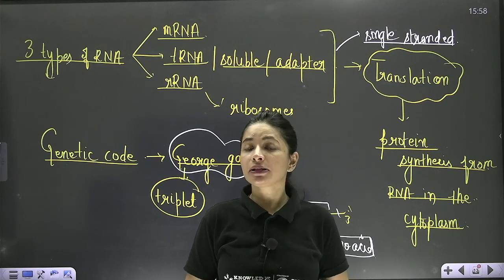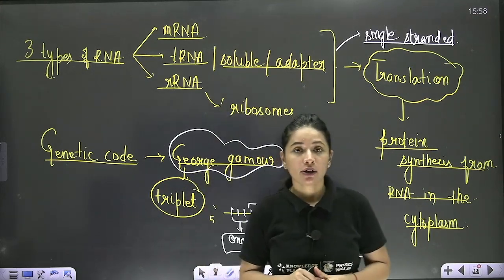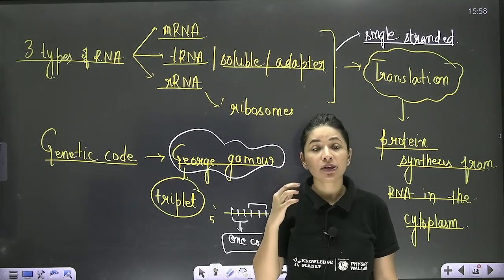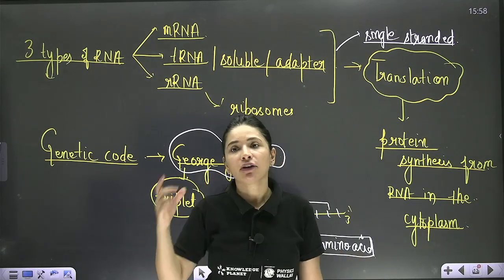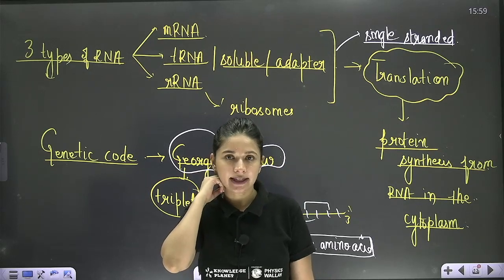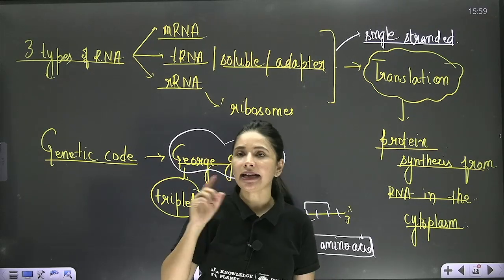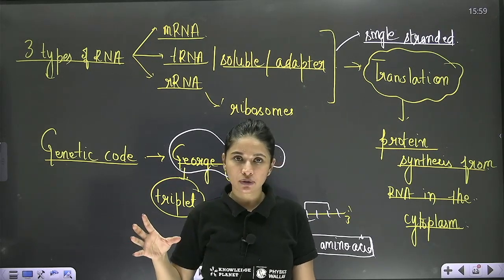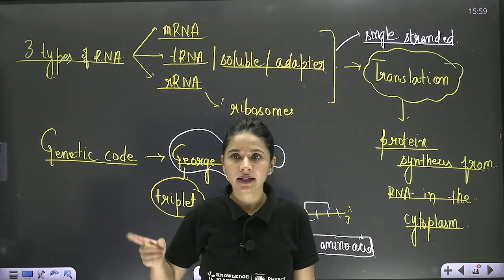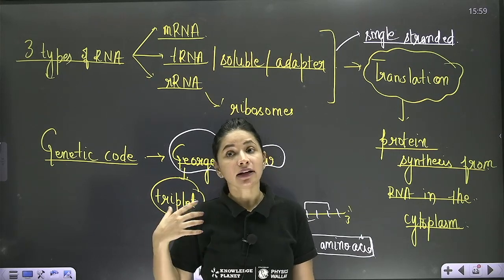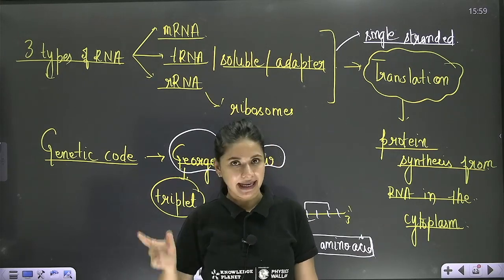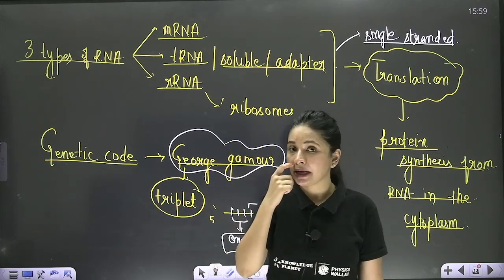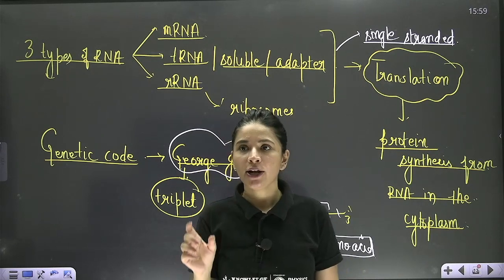This chapter is molecular basis of inheritance, where you study the cell at the molecular level. What that means is what the cell is made up of, and one of the major components of the cell is nucleic acid, that is DNA and RNA. Both can be genetic material, but apart from these two, which becomes the genetic material? DNA. But can DNA work alone? No. It is highly dependent on RNA to obtain protein, and this is very well explained by the central dogma.